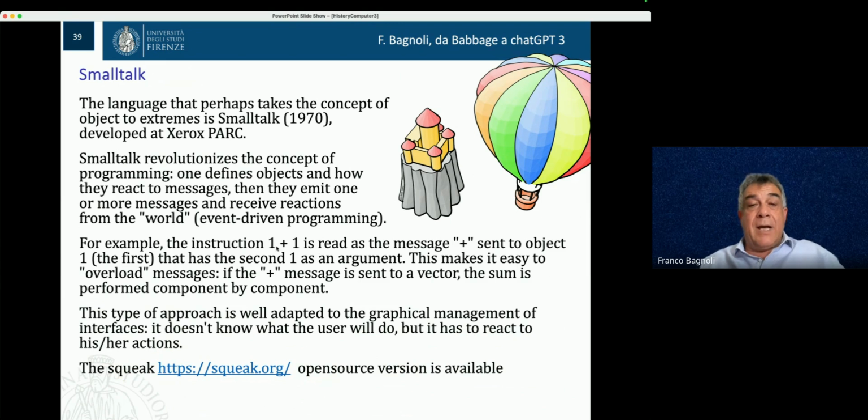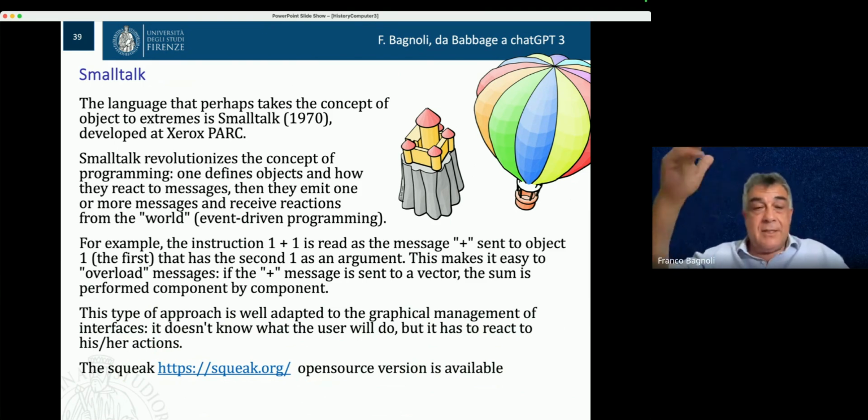So, for instance, 1 plus 1 is not simply an instruction to sum two numbers, but in Smalltalk, 1 is one object. Clearly, it is an object of the class integer number, which is a subclass of integers, or maybe positive integer number, which is a subclass of numbers, which is a subclass of ordered sets, and so on.